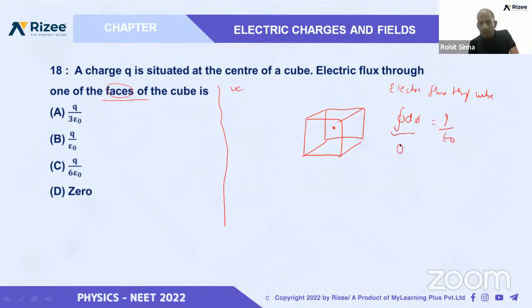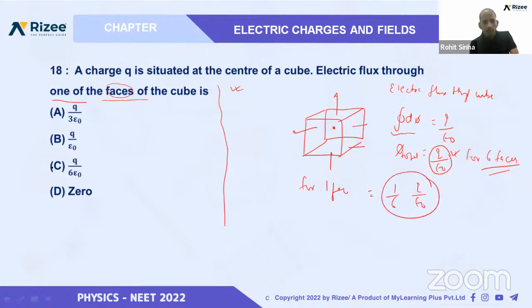This will be the answer for the cube, that means for 6 faces. The flux comes through this face, this face, this face, similarly 6 faces. But in the question, it is telling one of the faces. So for one face, it will be 1/6 of q by epsilon naught, and this will be the answer. Okay. Any problem?